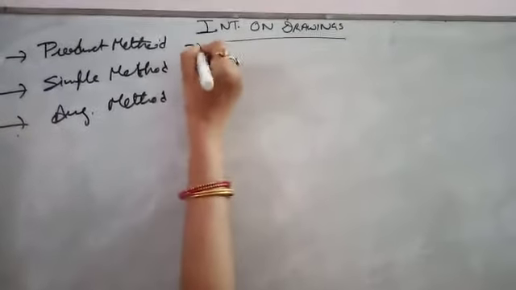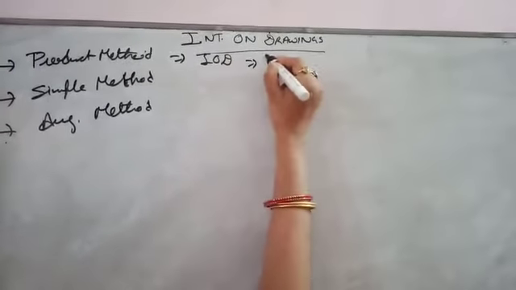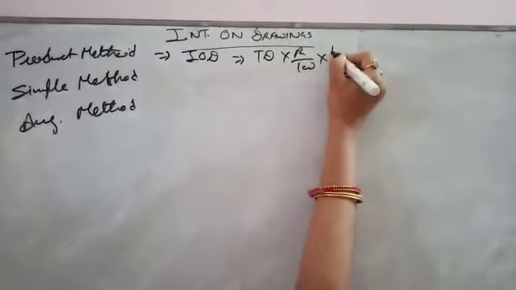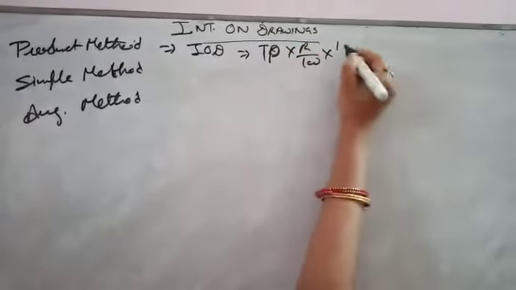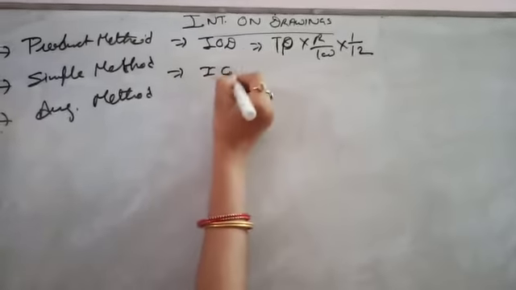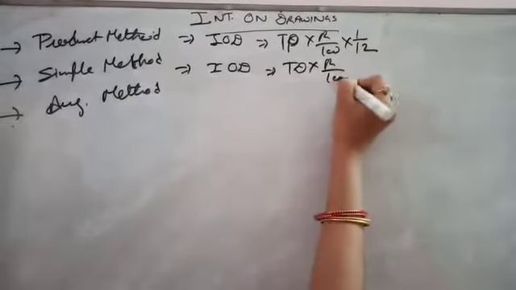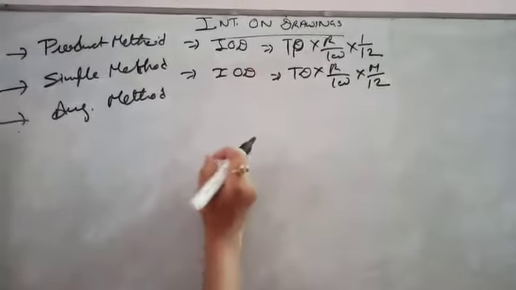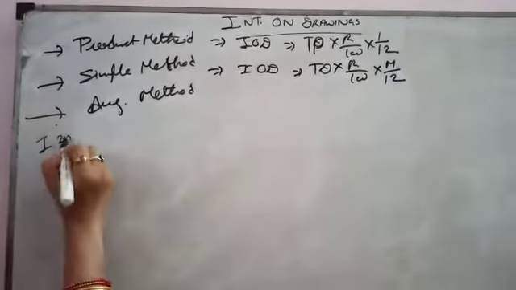According to the product method, the formula to calculate interest on drawing is total drawing into rate by 100 into months, or total product into rate by 100 into 1 by 12. And according to the simple method, the interest on drawing formula is total drawing into rate by 100 into months by 12. So these two formulas I'll explain with the help of illustration number 25.